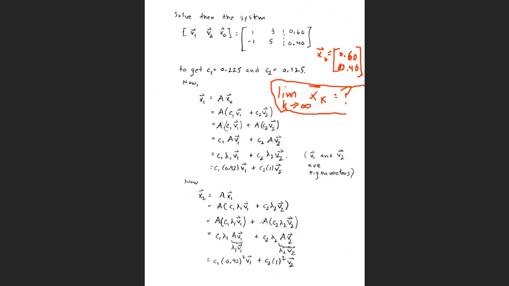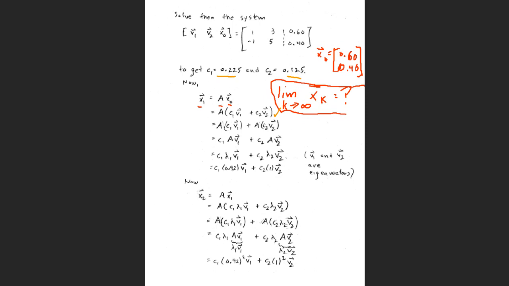Now, it turns out that x1 equals A times x sub 0. But x sub 0 is equal to this linear combination of the eigenvectors, where C1 is 0.225 and C2 is 0.125. Look at what we can do, though.